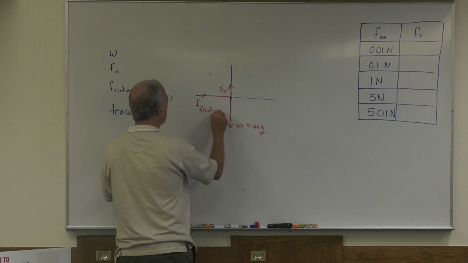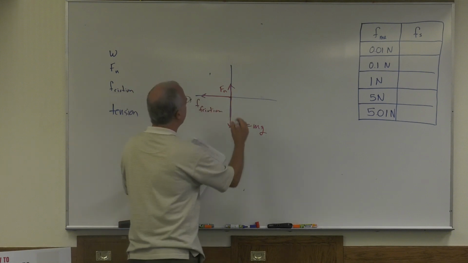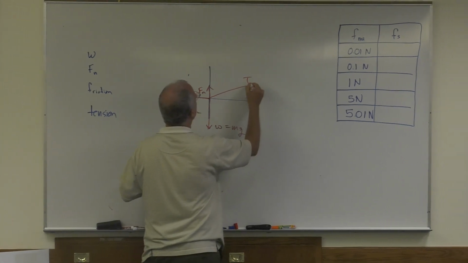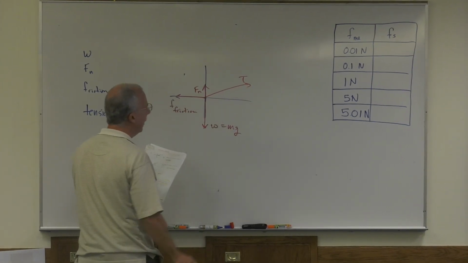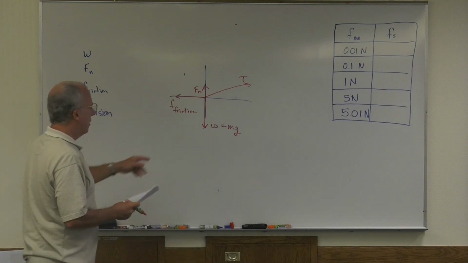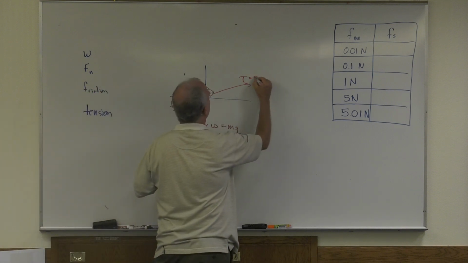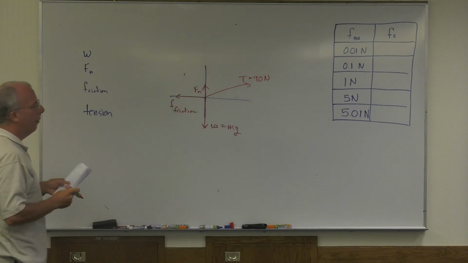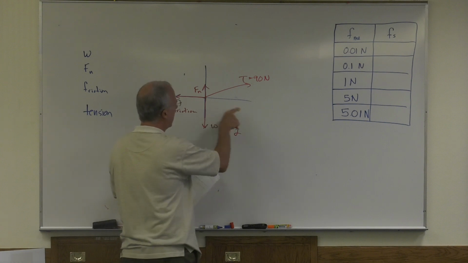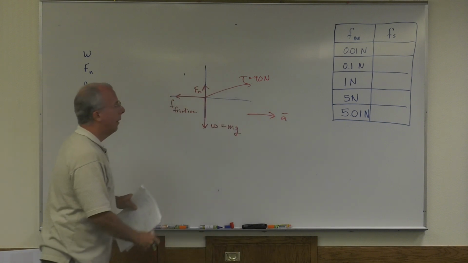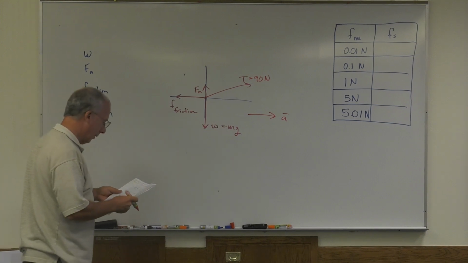I'm not going to write friction all the time, but we'll get to that later. And then there's going to be some kind of tension. So that's the 90 newtons. And it's going to accelerate this way, right? So that's it.